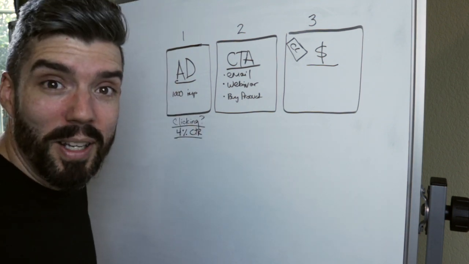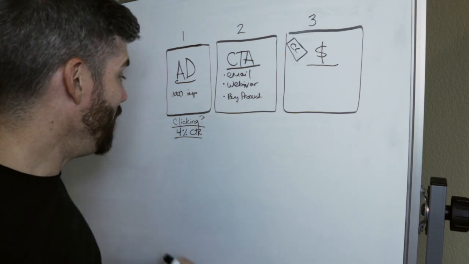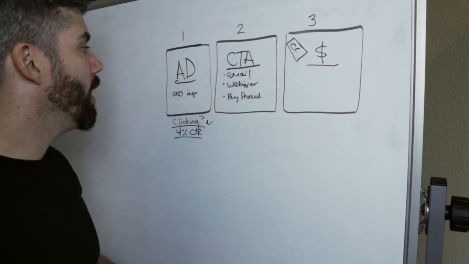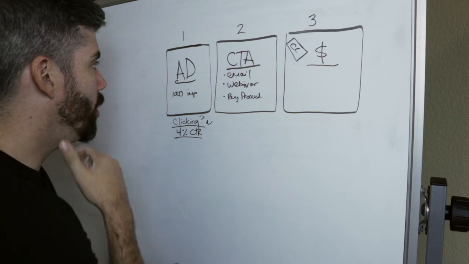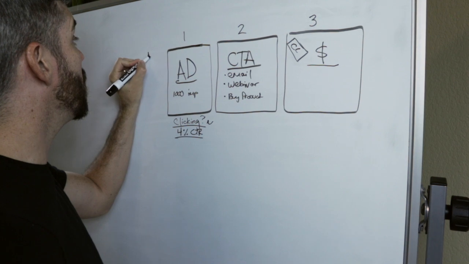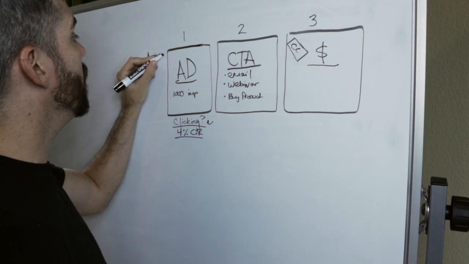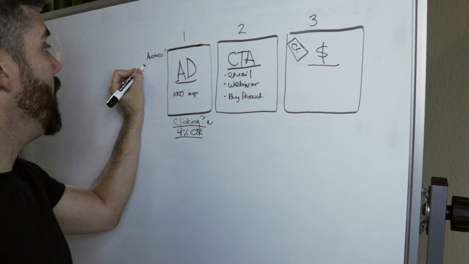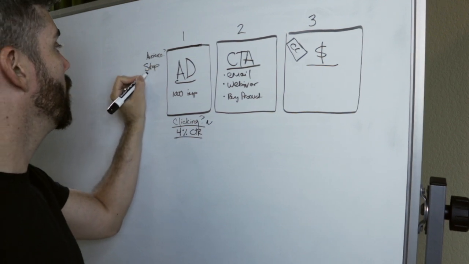I look at step number 1, and if they're not clicking, if the answer is no, then I go back to the drawing board and I say, okay, what could we change here? Let's see, people aren't clicking it. Could we change the audience? Maybe I'm running it to the wrong people. Or maybe I'm not doing anything to stop the scroll.